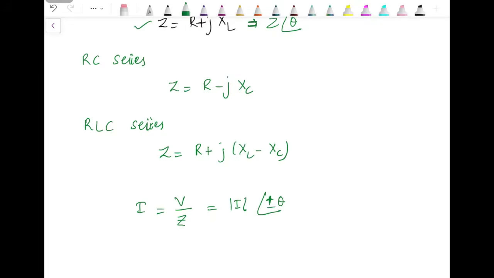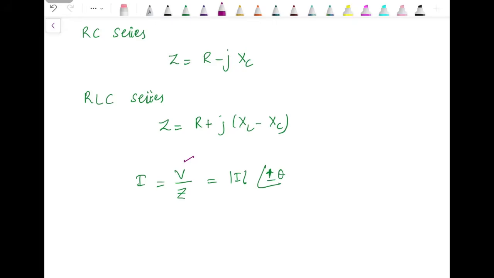So when we get the value, depending upon the different values of resistance, inductance and capacitance, we will have the value of angle theta as positive or negative. When theta is coming as positive, it means current is leading the voltage, and when theta is coming as negative, it means current is lagging behind the voltage. Though we say that in case of series circuits we take the current as reference, usually in numerical problems we are given the voltage, and that is only about magnitude, like a 230 volt source.